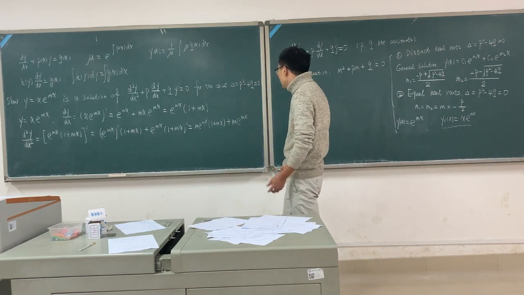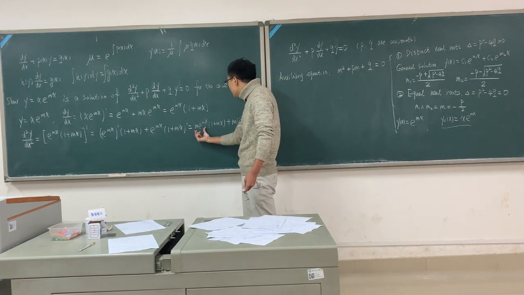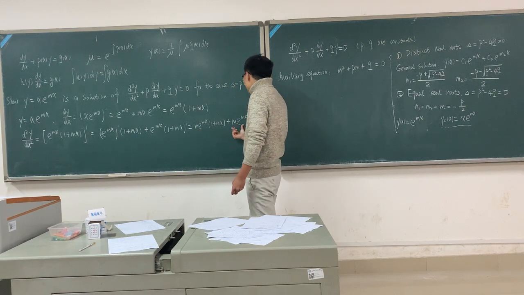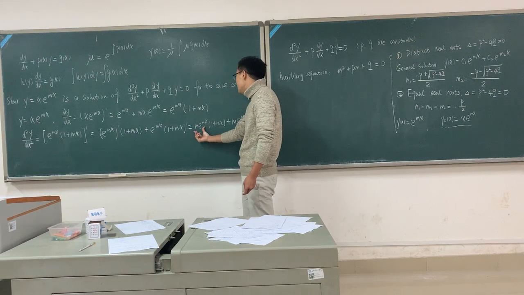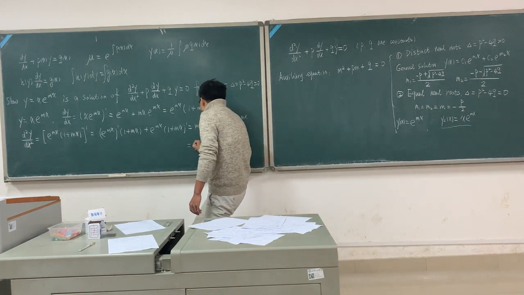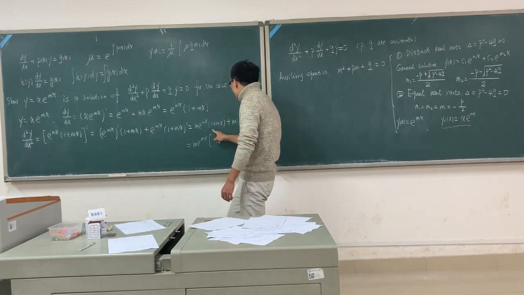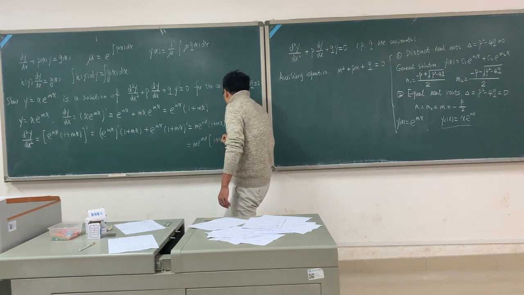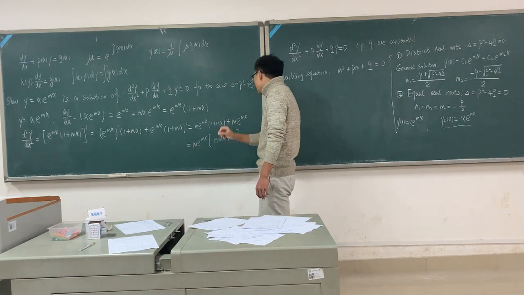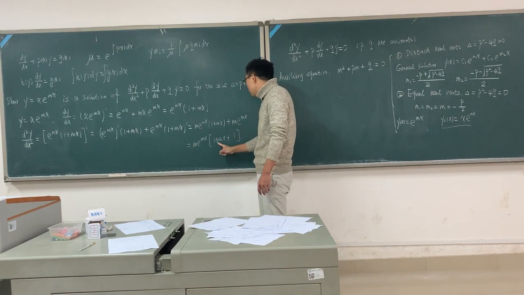It's easy to see we can take out m e^(mx). The first part is (1 plus mx) and plus 1. So the result is m e^(mx) times (2 plus mx).